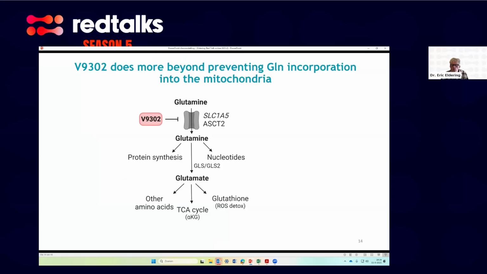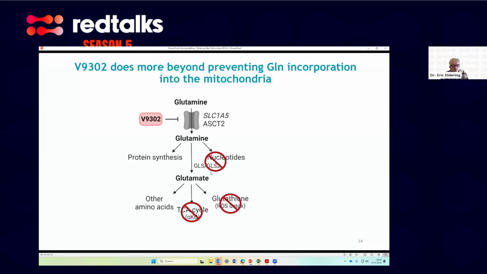And in order to figure out which of these is the most important, we started studying this. Just to make the talk a little bit shorter, the glutamine import into the TCA cycle via alpha-ketoglutarate was not limiting, and neither was the glutathione, neither were the nucleotides.